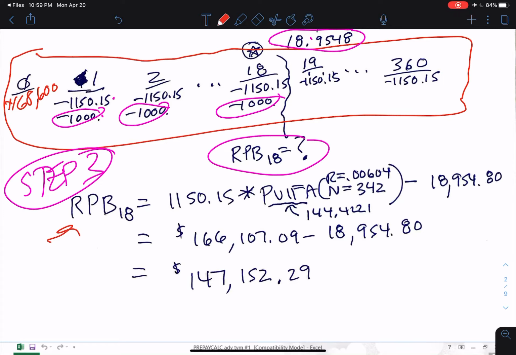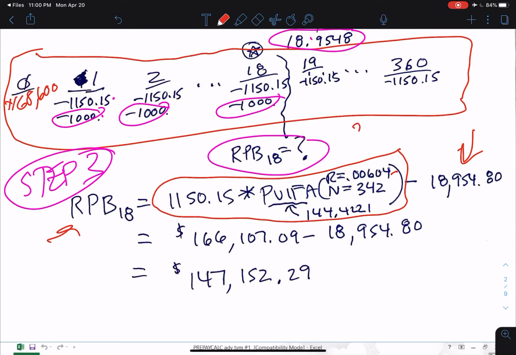We're going to start off by doing this, and then we're going to adjust it for the 18,954. So at date 18, the remaining principal balance would be, as we've seen before, the 1150.15 times a PVIFA, accounting for the remaining payments. So the R, of course, is what it was, and N would be 342. 342 is just the 360 minus the 18.